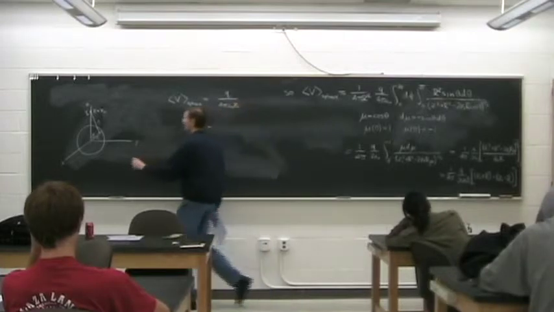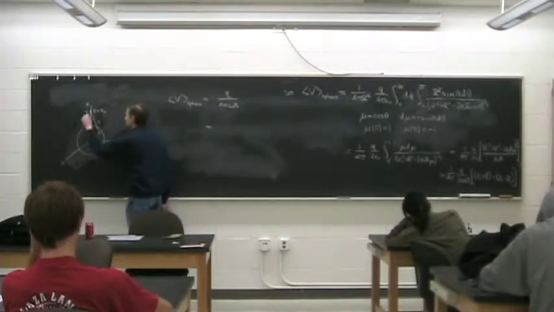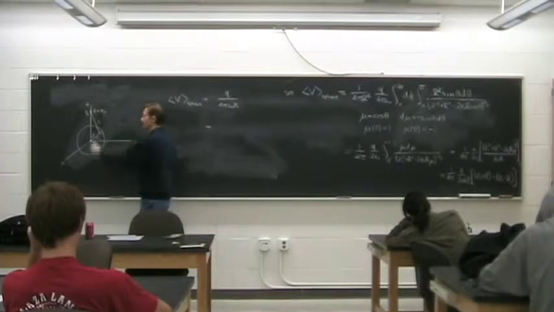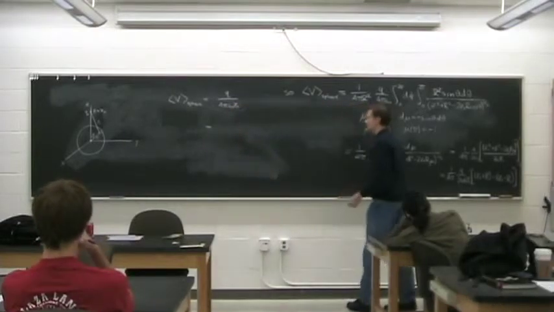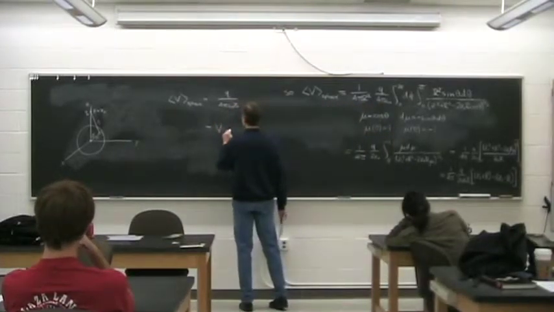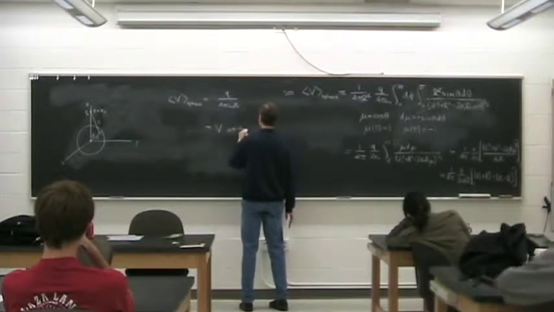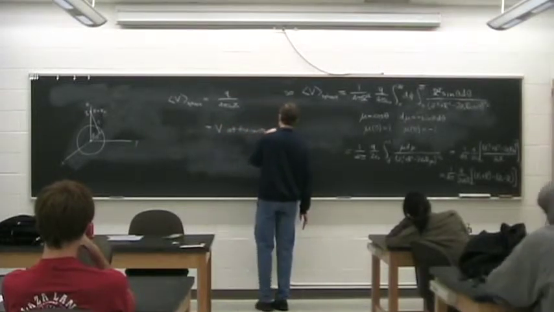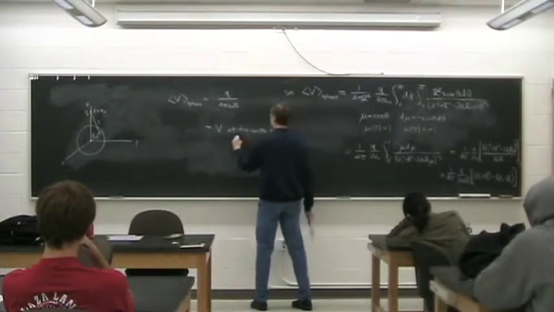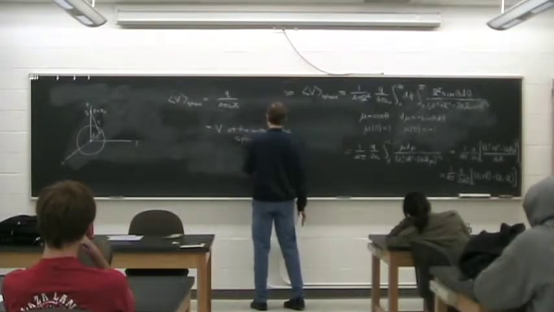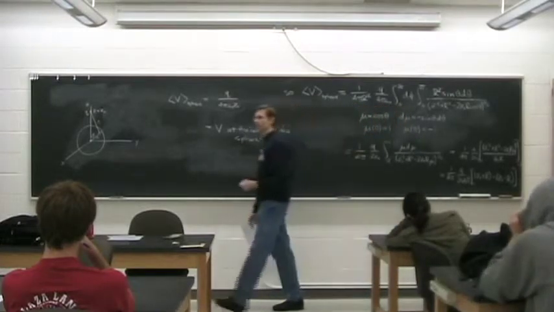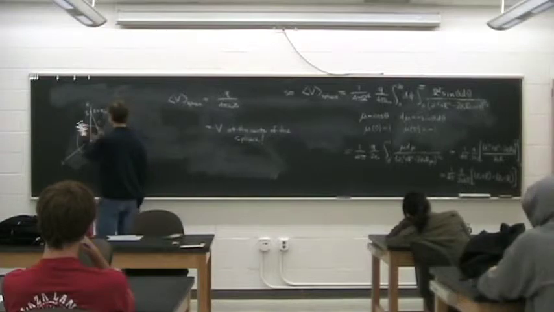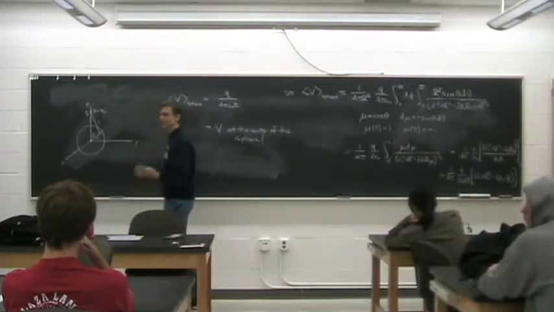But the thing to notice is that is, in fact, the potential due to charge q at the center of the sphere, because it's a distance z naught away, and the potential is charge over 4 pi epsilon naught times distance from the charge. So this is, in fact, V at the center of the sphere. In other words, we have what we wanted: the average of the potential over the surface of any sphere, because notice we didn't say anything about the radius of the sphere, it canceled out.